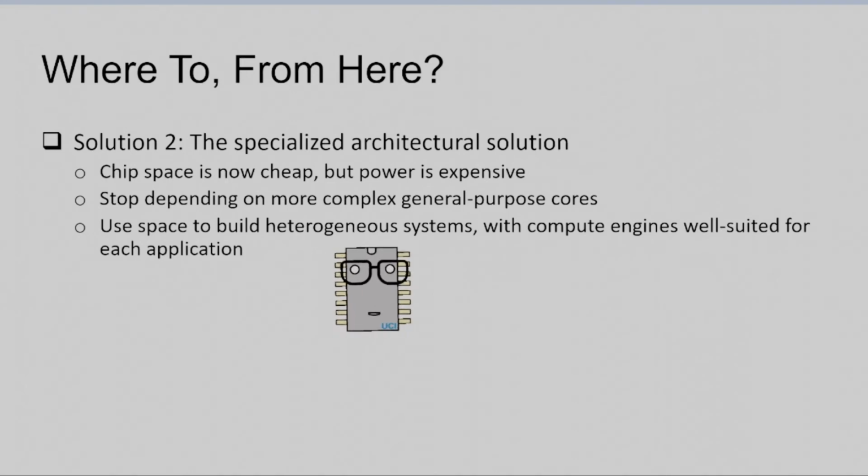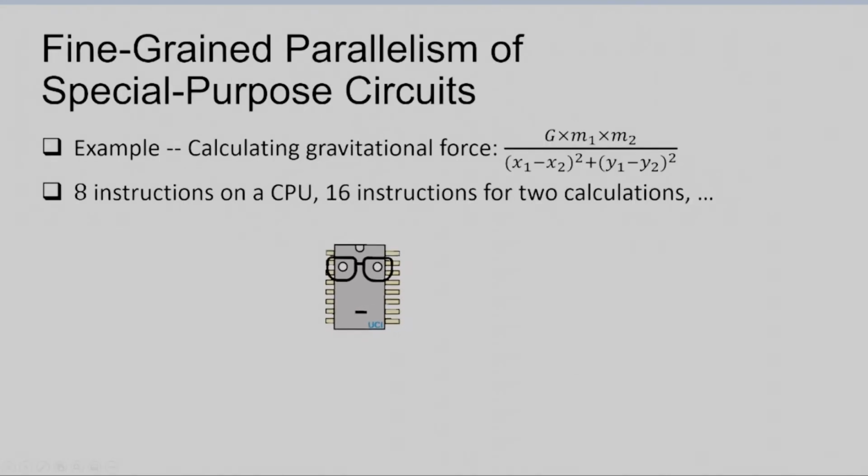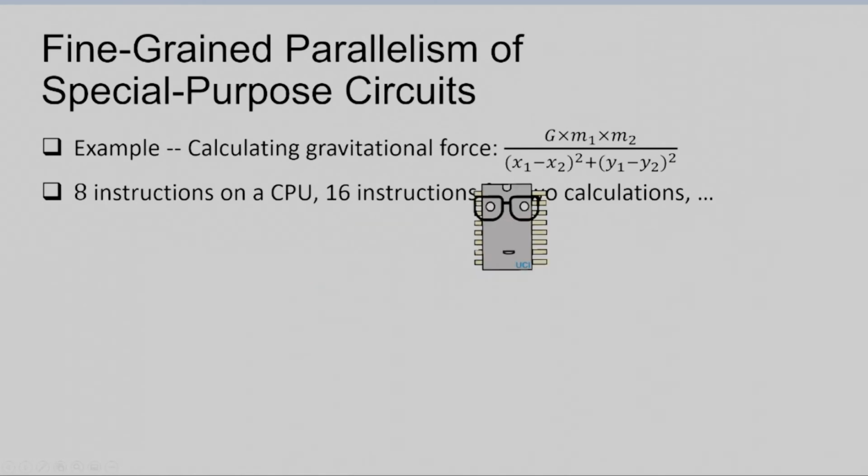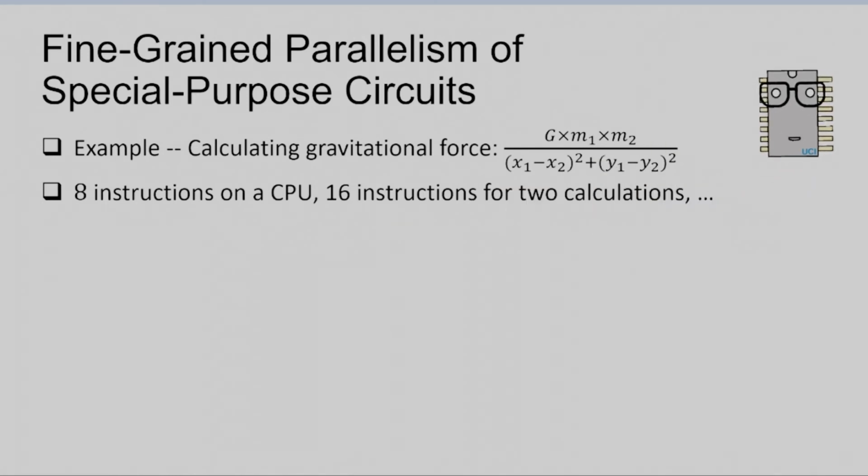Here's an example of what that might look like. We could potentially build special purpose circuits that exploit fine-grained parallelism much better than what a single core CPU with its single or handful of ALUs can do.